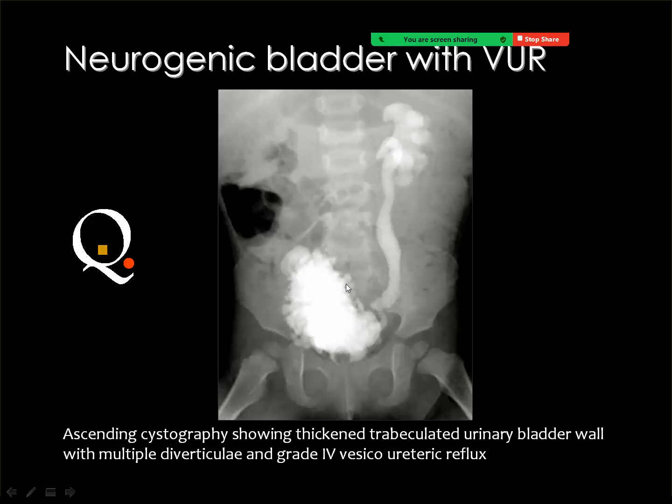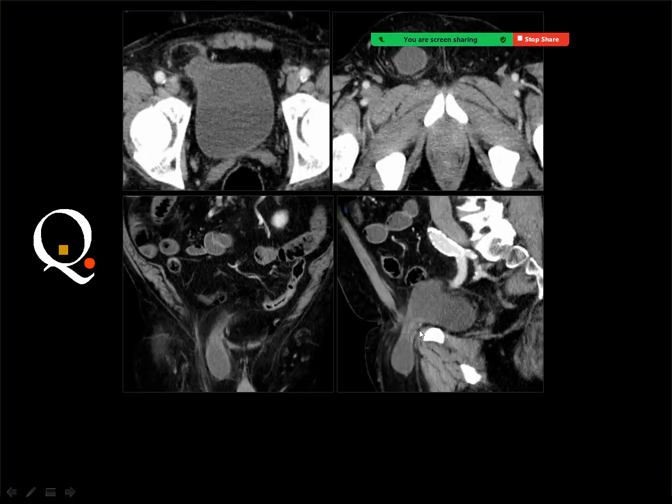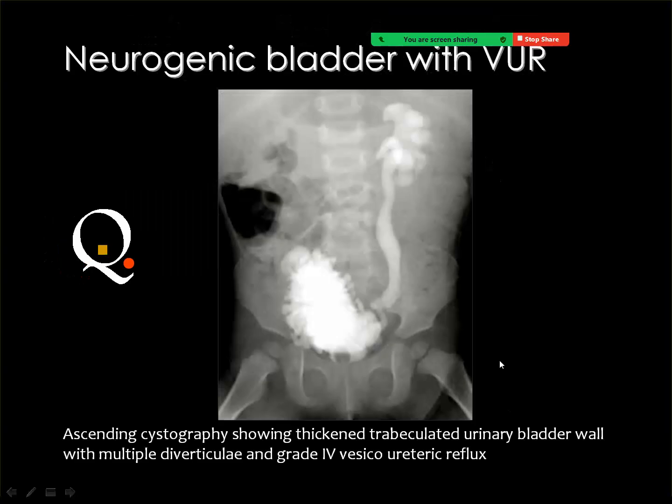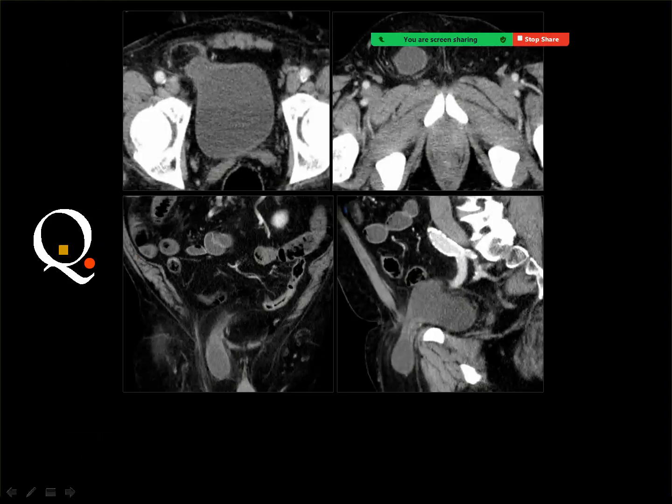You see the marked trabeculation and thickening of the wall with diverticular outpouching, and consequently you got grade 5 vesico-ureteric reflux, or maybe grade 4, because the ureter is not that tortuous. Grade 4 vesico-ureteric reflux.